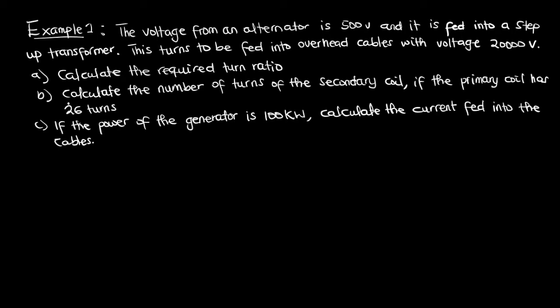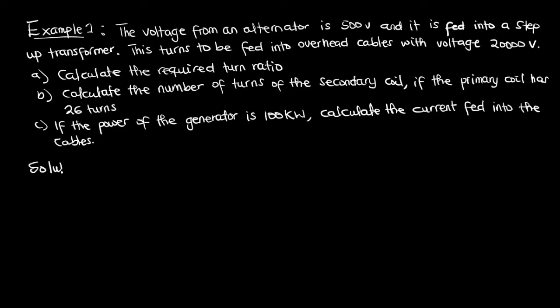B, we are to calculate the number of turns of the secondary coil if the primary coil has 26 turns. And C, if the power of the generator is 100 kilowatts, we have to calculate the current fed into the cables. Now this is fairly simple. Let's look at the solution to this problem.